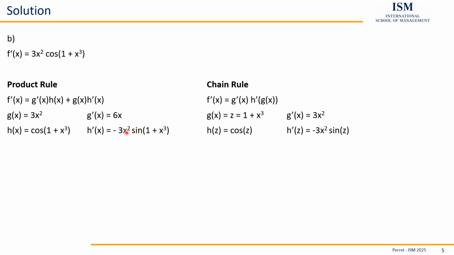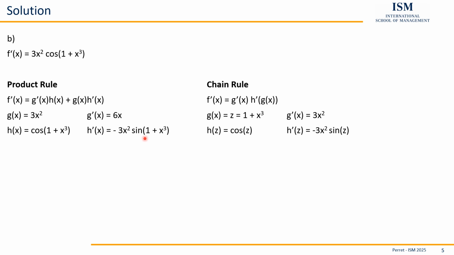Now I'm going to build the derivative of this function. So I take the derivative of the inner function, 3x squared, putting this here, and then times the derivative of the outer function, minus sinus of z, but instead of z I'm going to insert the original inner function 1 plus x to the power of 3, giving me this result here.